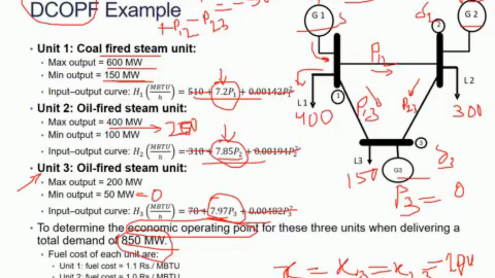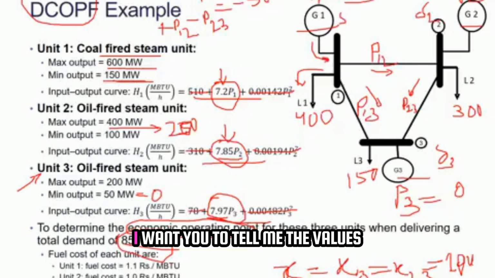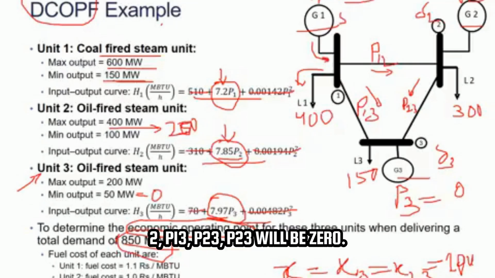Okay, so I am not going into details here. I want you to tell me the values of P12, P13 and P23. P23 will be 0. P13 will be 150.